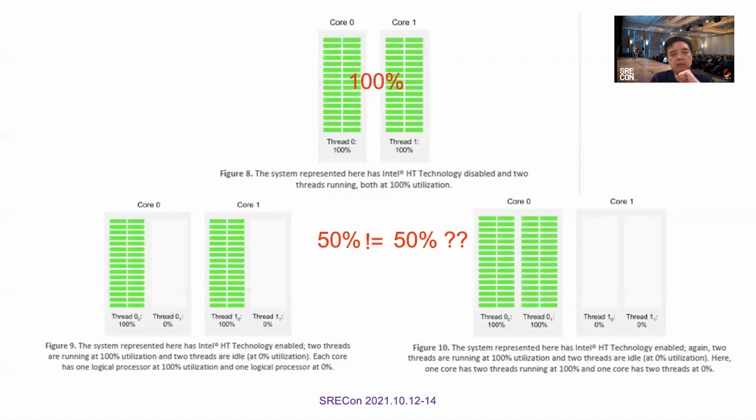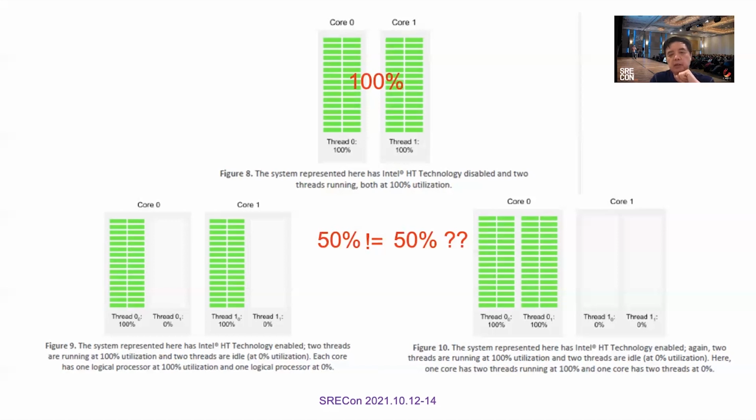In the lower left chart, in this scenario, you have one thread active in each core. Core 0 has thread 0 busy all the time, and core 1 has thread 10 busy all the time. In this case, 2 out of the 4 logical CPUs are busy all the time. That means the system is 50% busy, or 50% utilized.